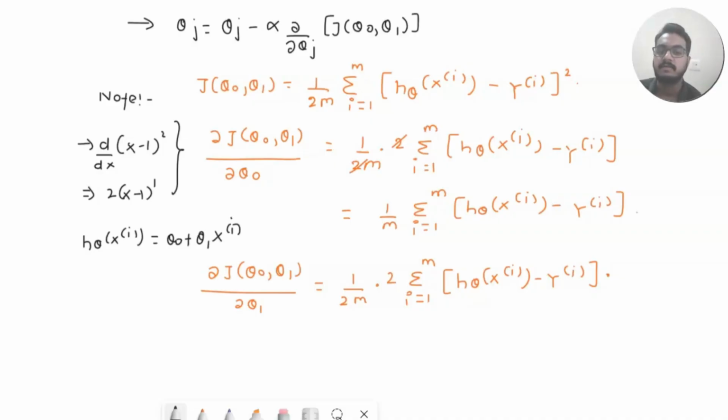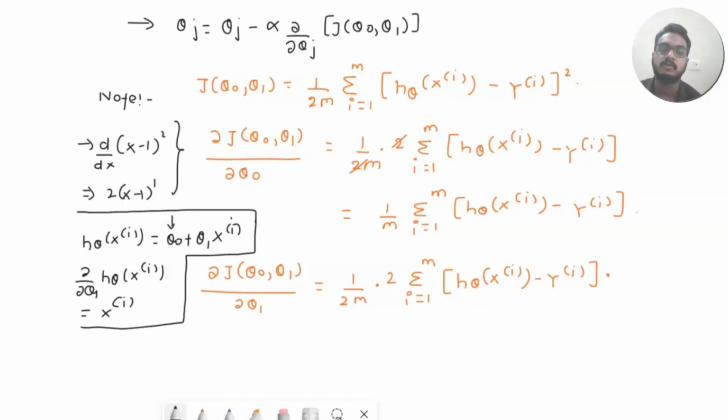So if we take the derivative of h theta of xi with respect to theta 1, for theta 0 the derivative is 0 because it is a constant, and with respect to theta 1 we get this term only, xi.